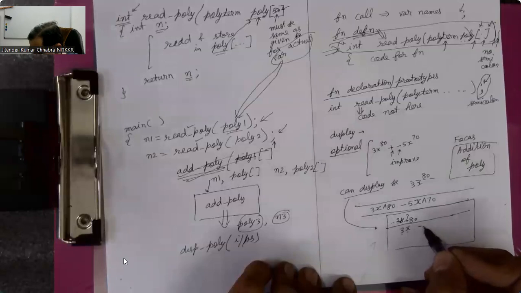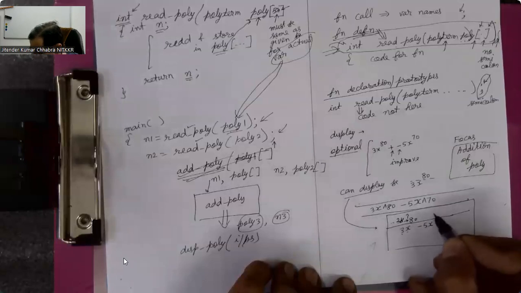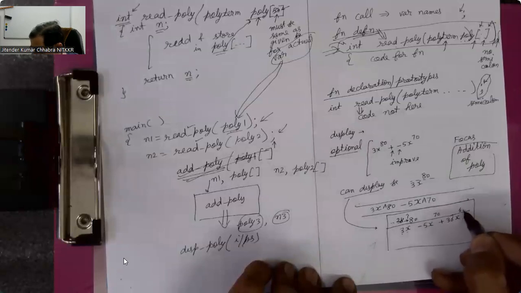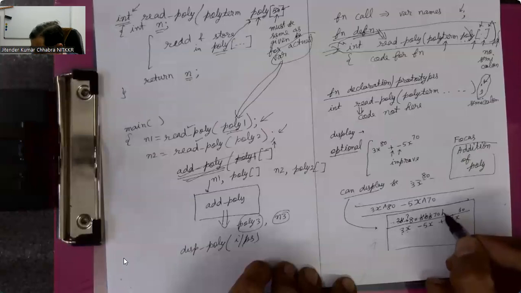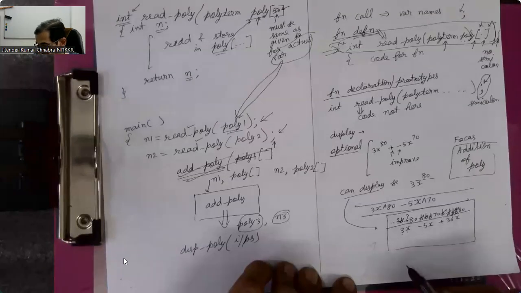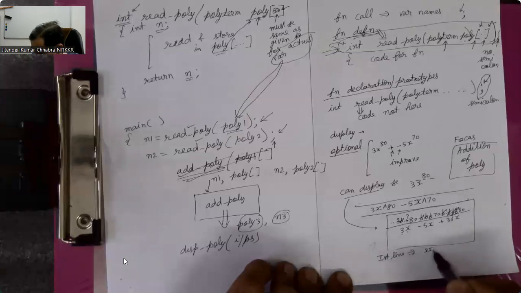Then you have the next value 5x, then this 70 plus 36x 60 and so on. In between, accordingly, you have to put blanks by calculating based on all this. This itself requires a lot of logic. But that will mean effectively your first line will be printed to print the exponents with the spaces.